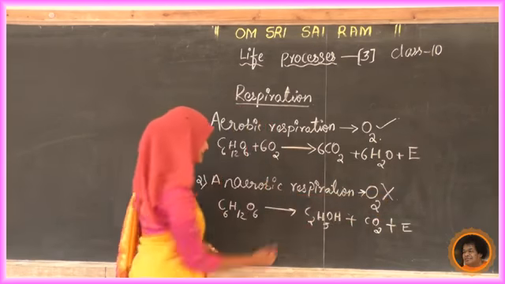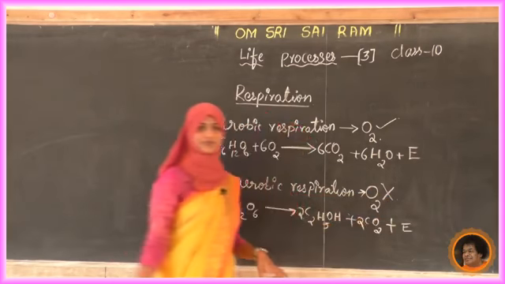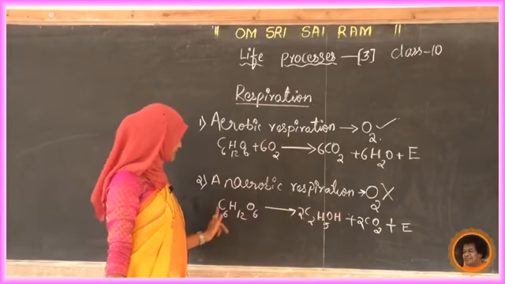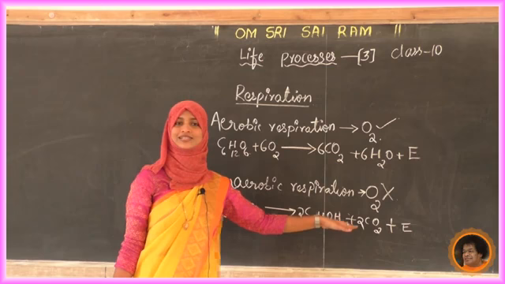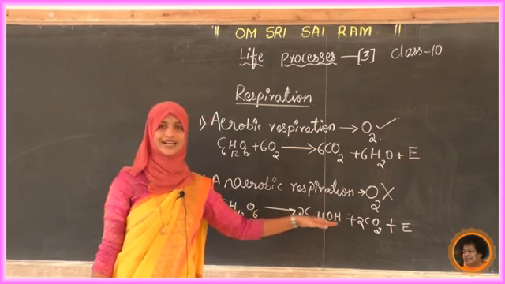You have to balance. Try to balance. Here 2, 2. How much? 2 and 2. Oxygen 6 here, 4 plus 2, 6. Count like this.